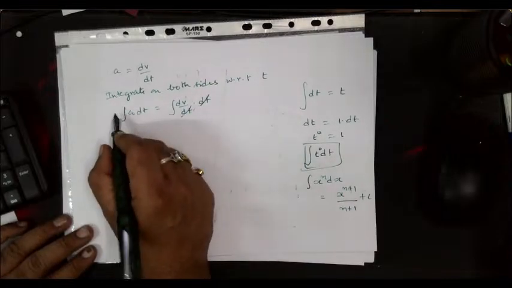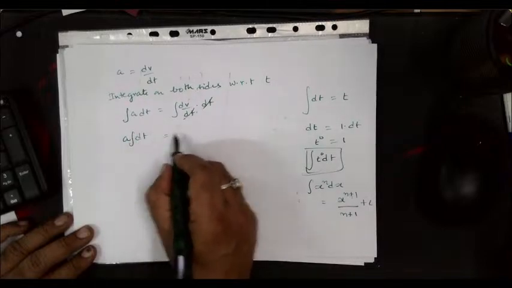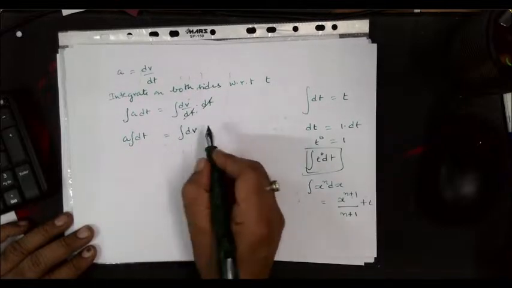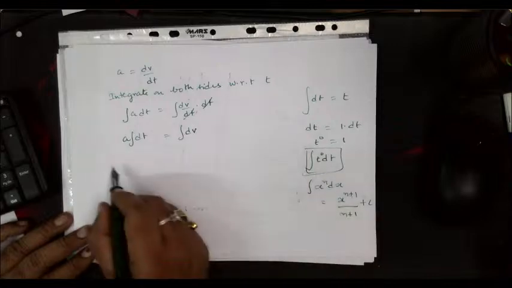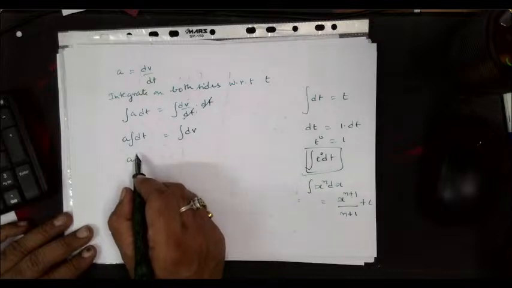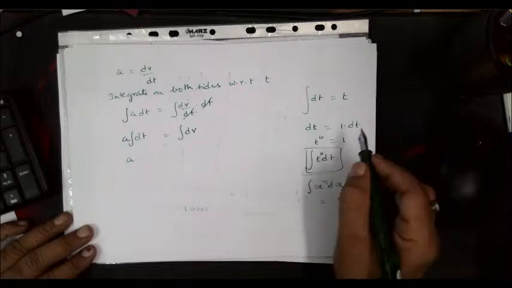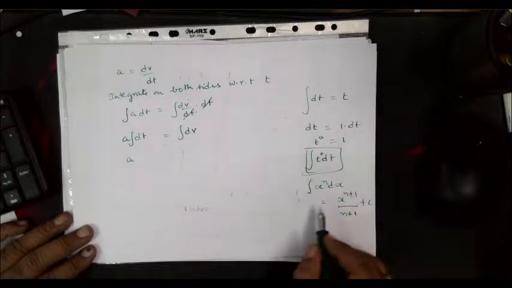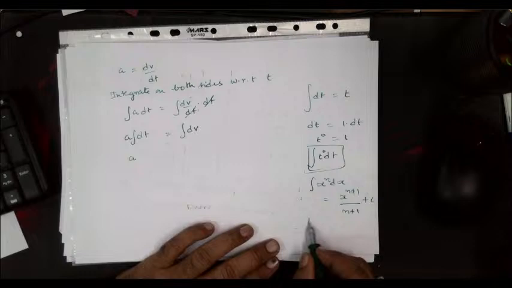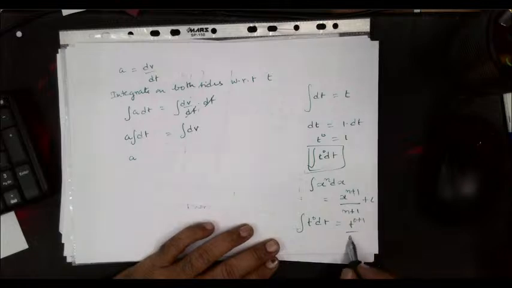So a can be taken outside the integral. So a of dt is equal to integral dv. So let us apply the same strategy here, a, and this becomes what? That is t, because on integration it becomes a t, because t power 0 dt means t power 0 plus 1 divided by 0 plus 1 plus integral constant.